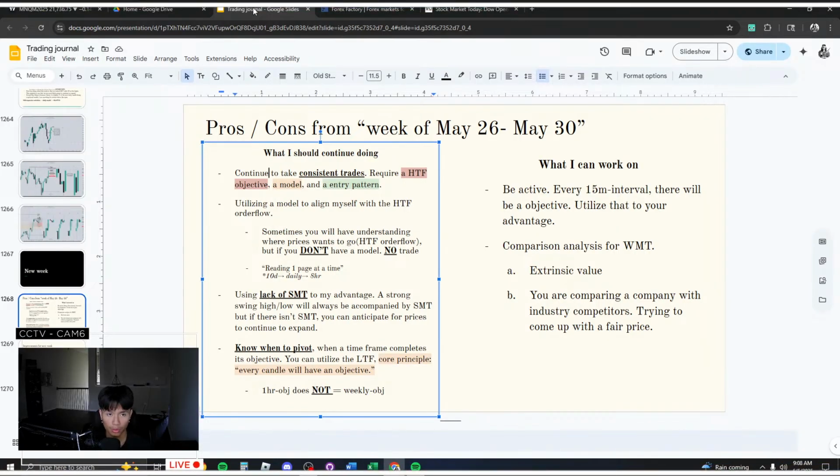The third pro is to utilize SMT. Utilize SMT before a trade and during a trade.